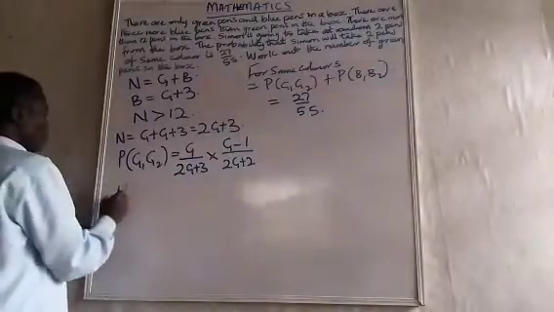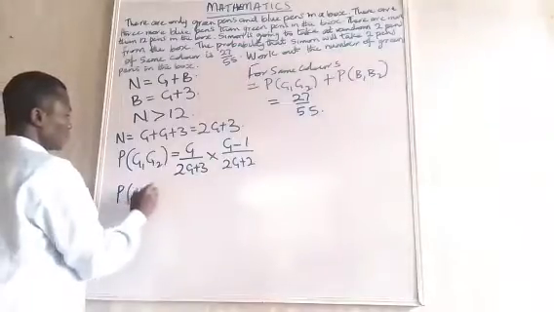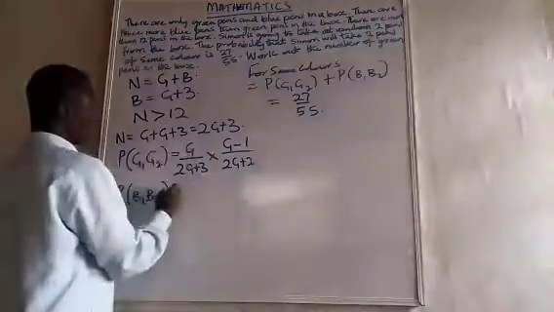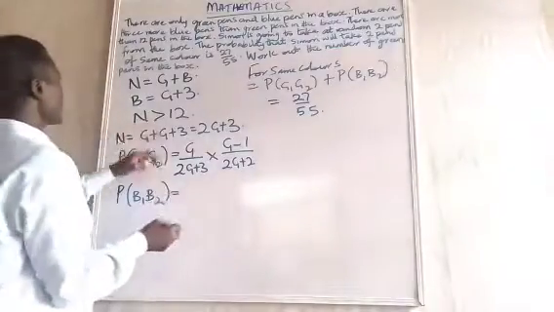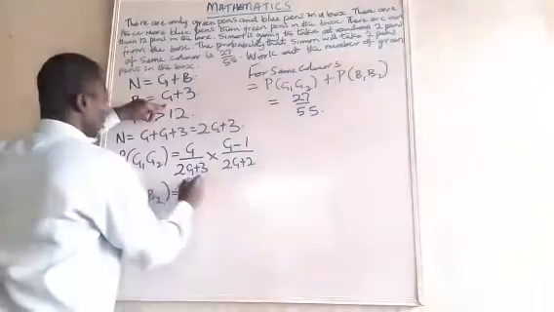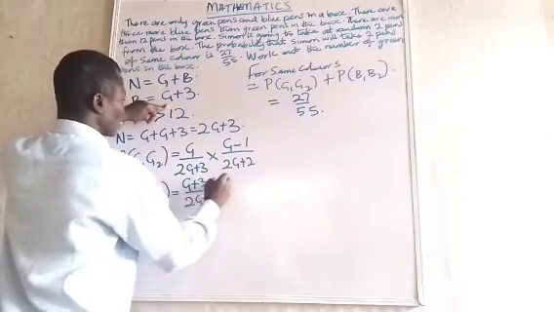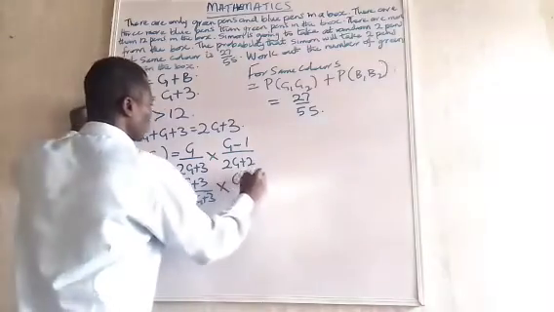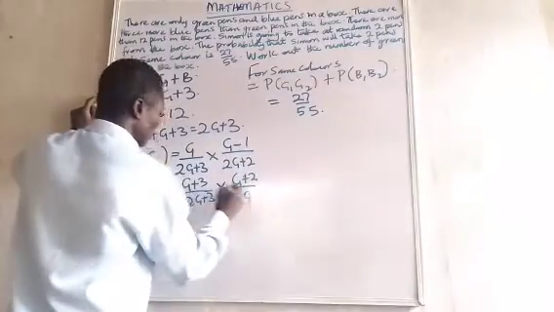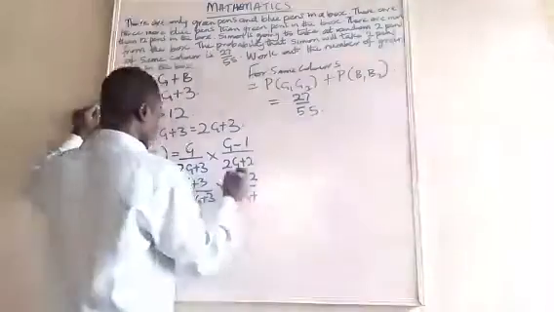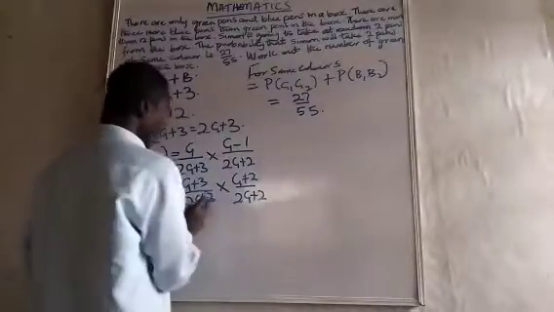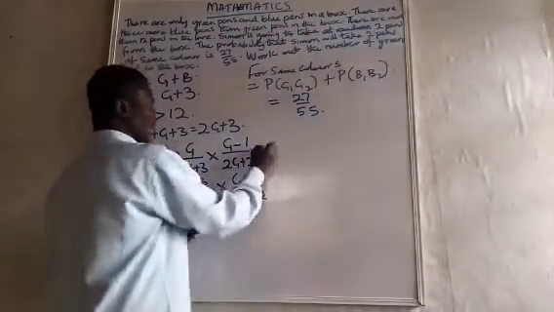So for P, B, B, we are going to have, what is our initial B? G plus 3 over 2G plus 3 times G plus 2 over 2G plus 2. Because this one will be less by 1, this one will be less by 1. Now let's work it out.